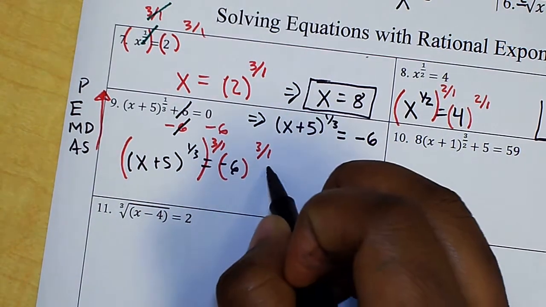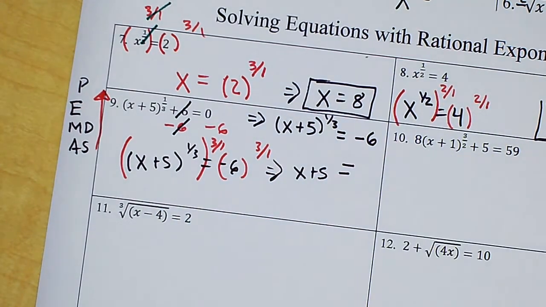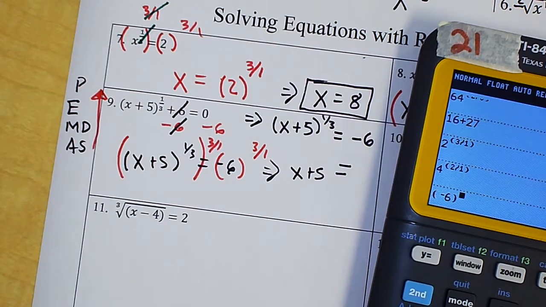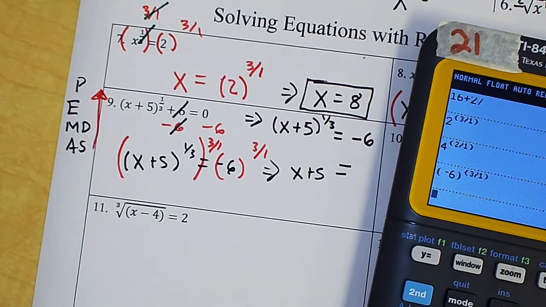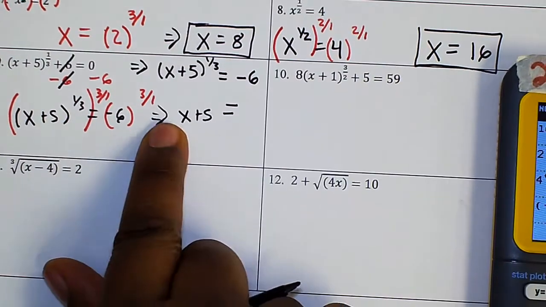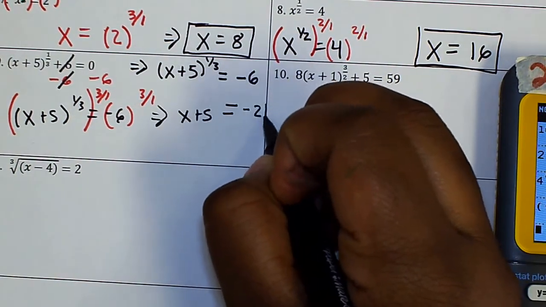So now this is going to give me x plus 5 is going to be equal to, get my calculator, negative 6 to the power of 3 over 1. That's equal to negative 216. So notice I got rid of my parentheses now.